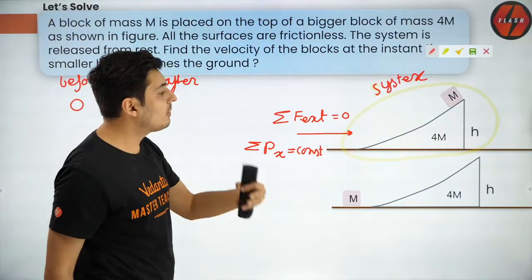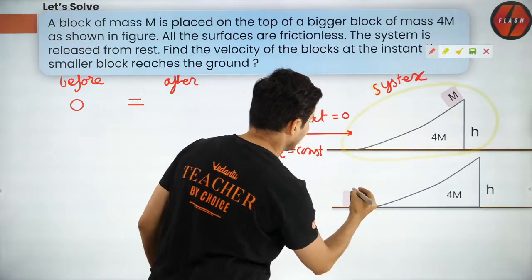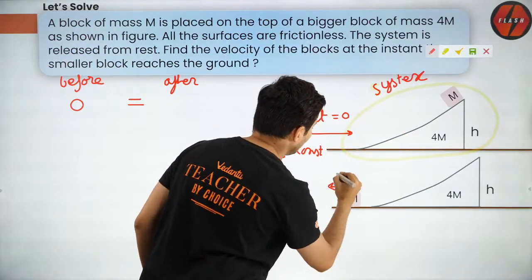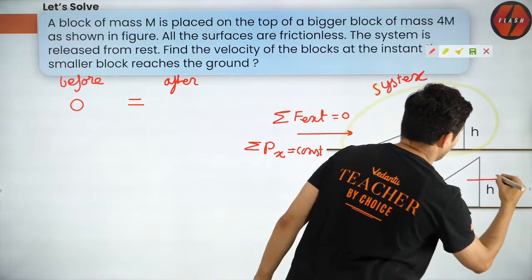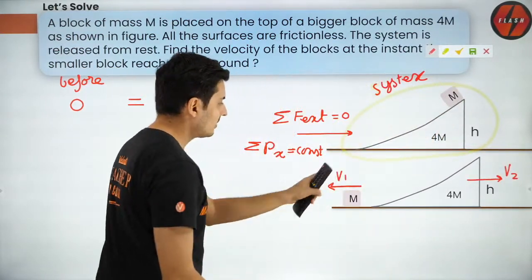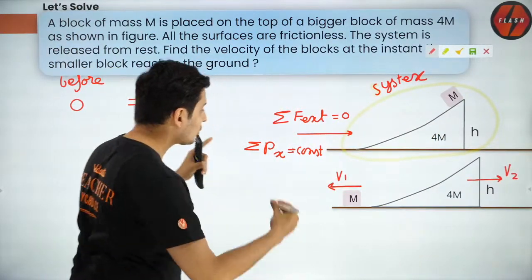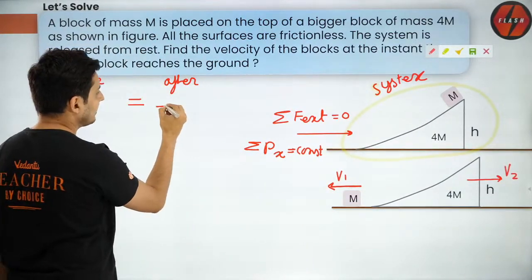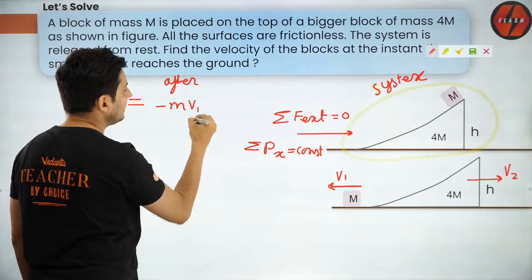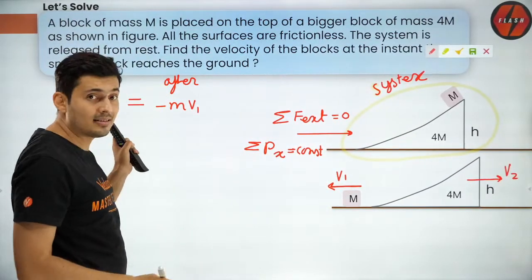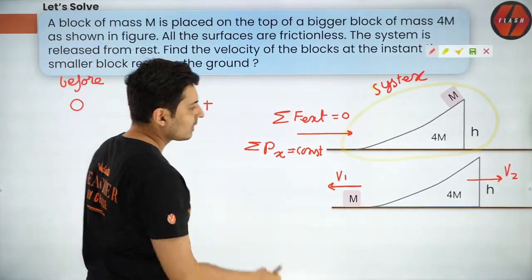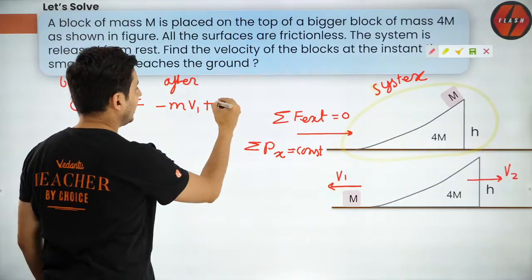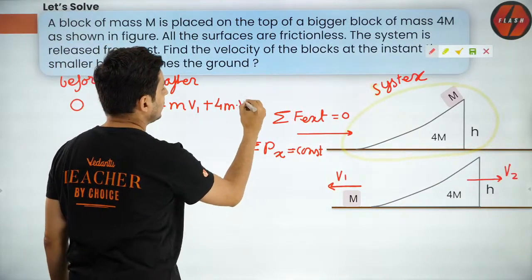Now what is the momentum afterwards? Okay, let's assume the velocity to be v1, and let's assume this guy's velocity to be v2. This is v1, that is v2. So now what do you think is the momentum of this mass? I think it is minus m v1. Why minus? Because it is moving left. Plus, what is the momentum of the wedge? Well, that is 4m v2.